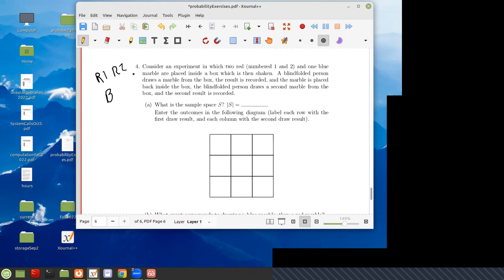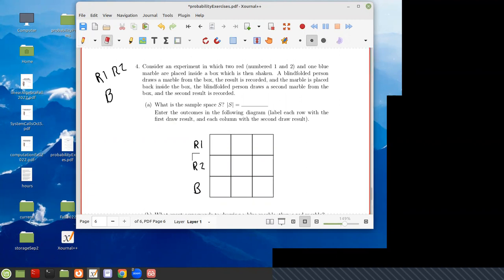Let's think about this, because it says enter the outcomes of the following diagram. Label each row with the first draw result and each column with the second draw result. Well, so in the first draw, we could have red 1, red 2, or blue.